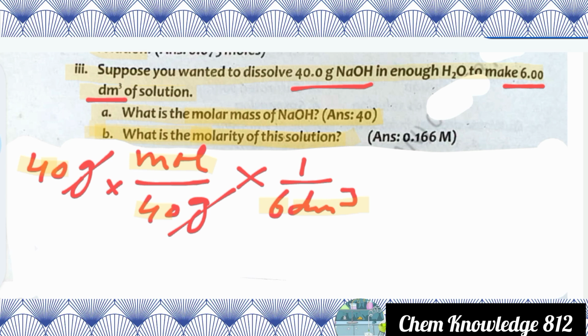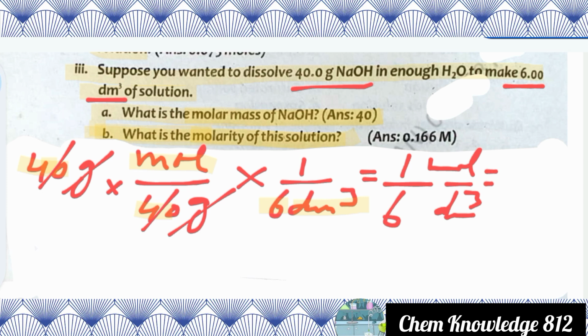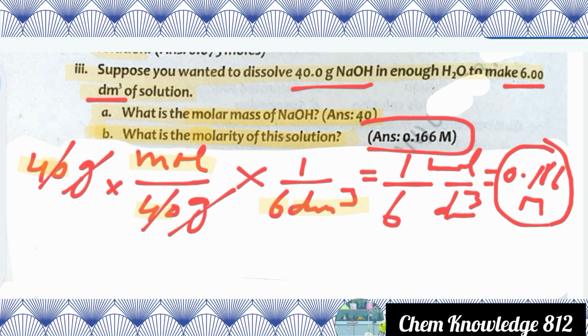In this case, 40 will be also cancelled, and we will get 1/6 mole per decimeter cube, and this will be equal to 0.166 mole per cubic decimeter or molar. So this will be the answer, which is equal to this one.